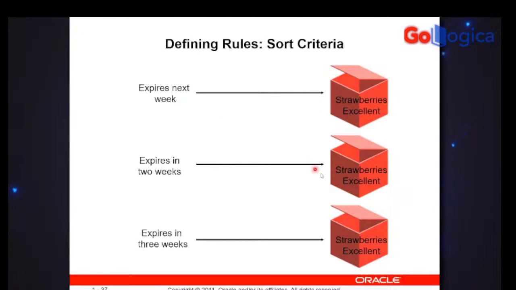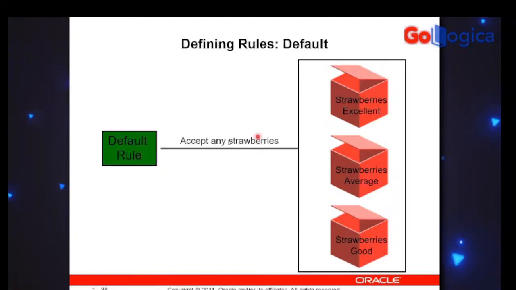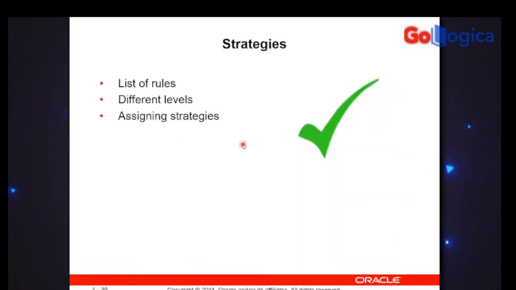These 2 weeks are also excellent, 3 weeks also excellent. So all these things you can set up in sort criteria. You can set up the default rules also. So all the good, average, and excellent, any kind of materials there, it can be accepted and it can be allocated against a sales order likewise.